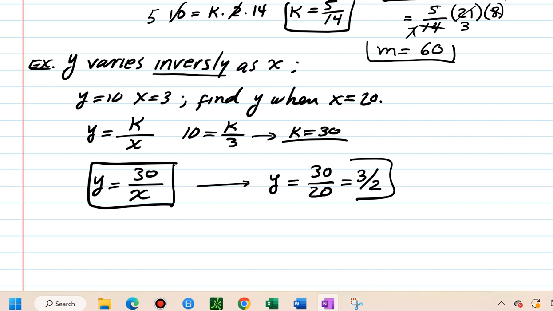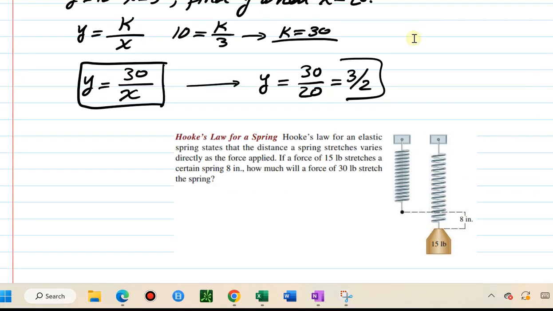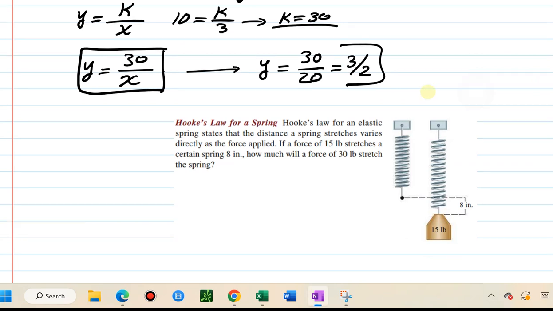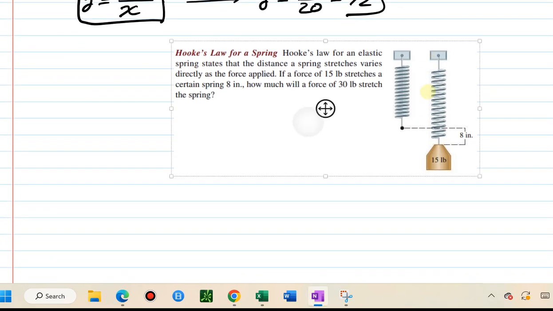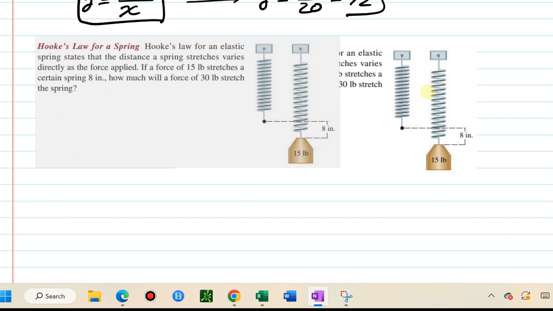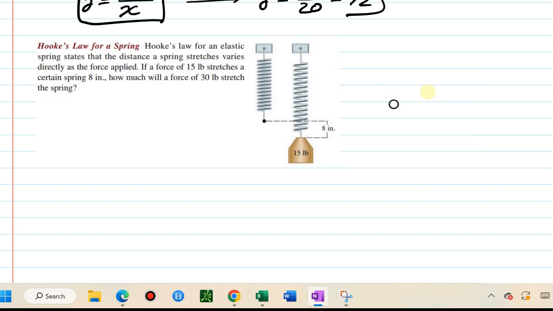Let's try to work out an example here. In this example, I'm going to find one from the book actually real quick. All right. So here I have an example. We're going to try to work this one. So in this example, Hooke's law, this is from physics.